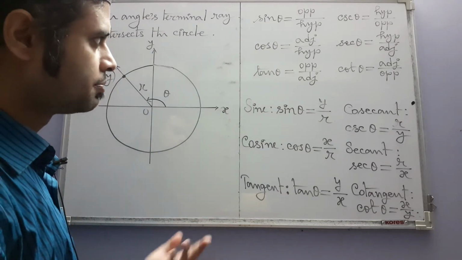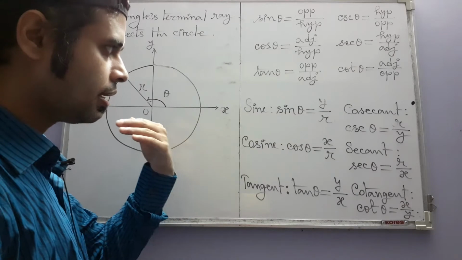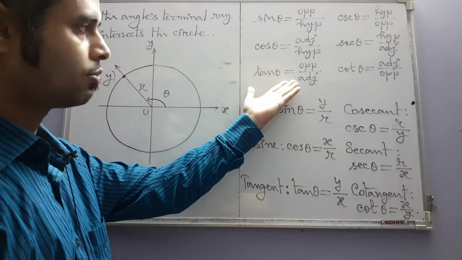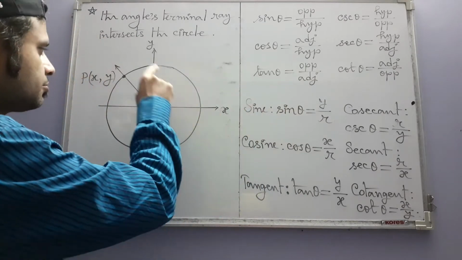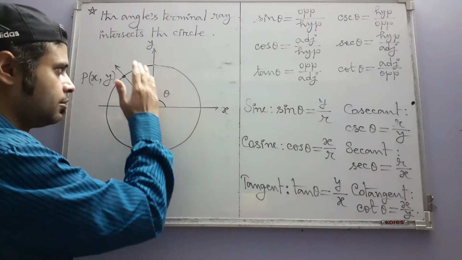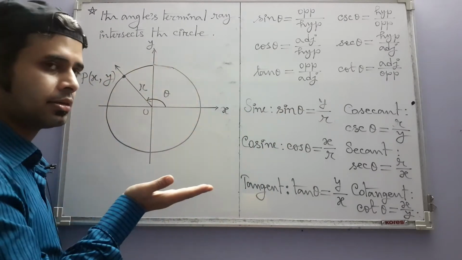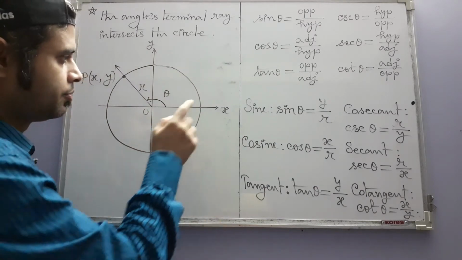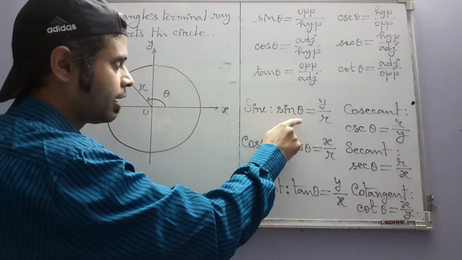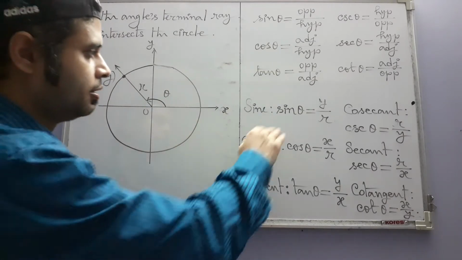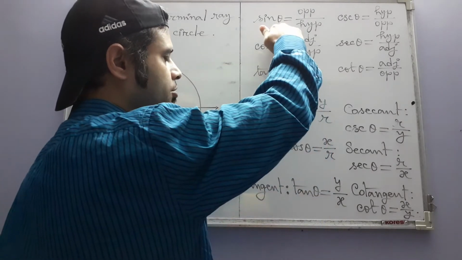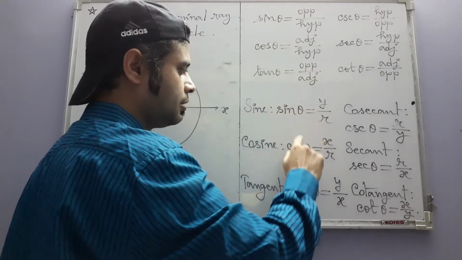That is because these are actually extensions of the old functions, in the sense that if your angle theta is actually an acute angle, then your new sine theta value and old sine theta value will be the same. They will coincide. These functions will reduce to the old functions when theta is acute.